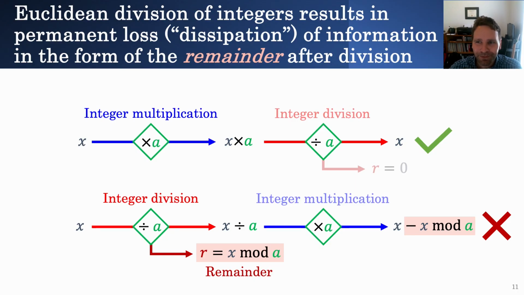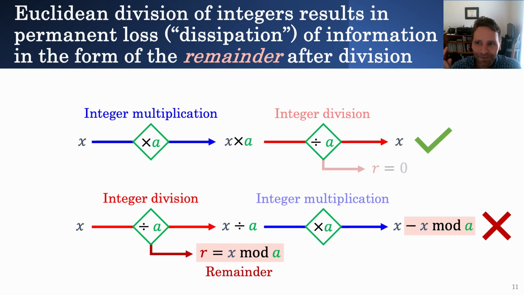Forget about fixed precision numbers, think more about integers and the operations of integer multiplication and integer division. Integer multiplication is actually a perfectly reversible operation. Given some input variable x, if we scale that variable by multiplying it by another integer, a, and then try to reverse that operation by dividing again by a, I'll get back the original value of x that I put in.